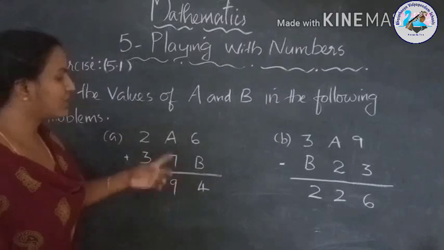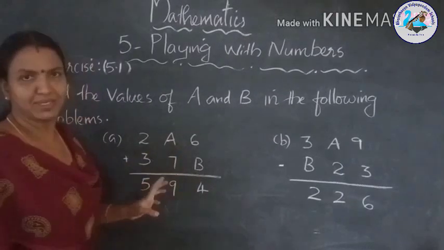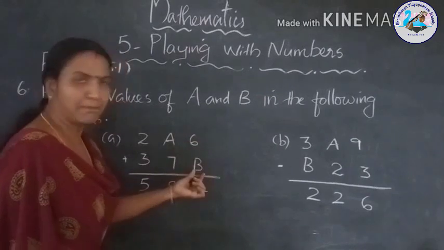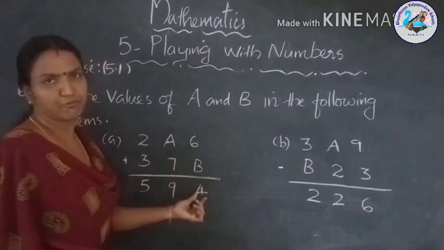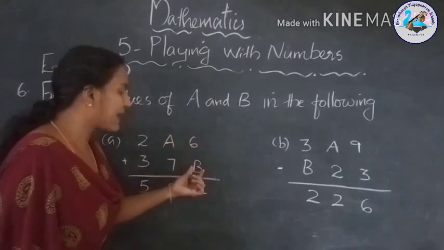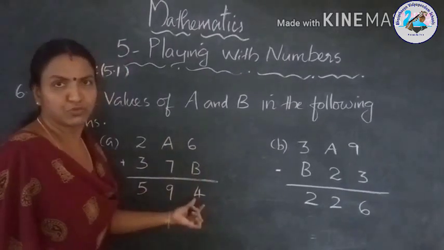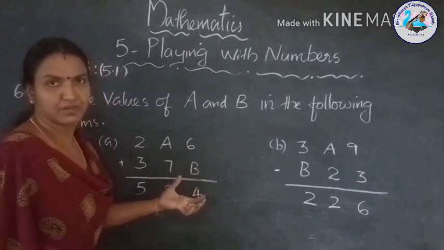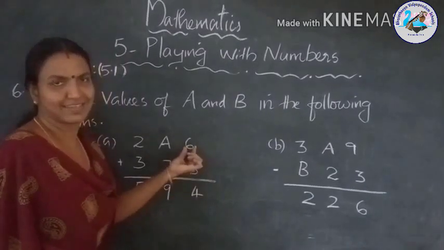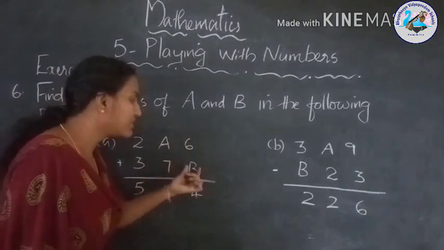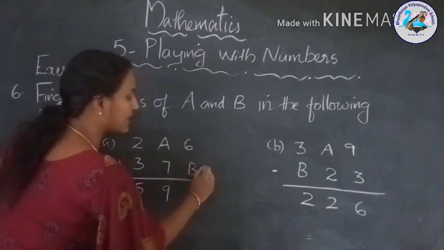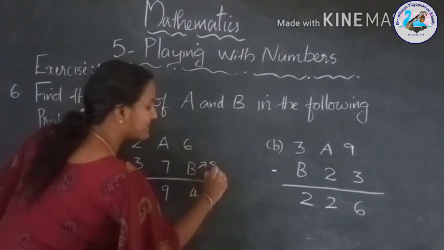Now to find out the values of A and B. Here the ones digits are 6 and B. The answer is 4. 6 plus something is equal to 4, that is not possible because 4 is less than 6. So 6 plus something is equal to 14. So B is equal to 8.